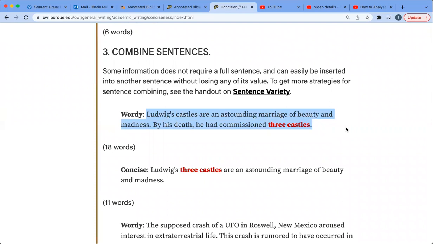Combining these two sentences: Ludwig's castles are an astounding marriage of beauty and madness. By his death, which is the second sentence, he had commissioned 3 castles. To combine these two sentences to give the exact same meaning as the original, instead of 18 words, you can rewrite it in 11 words. Ludwig's 3 castles are an astounding marriage of beauty and madness.